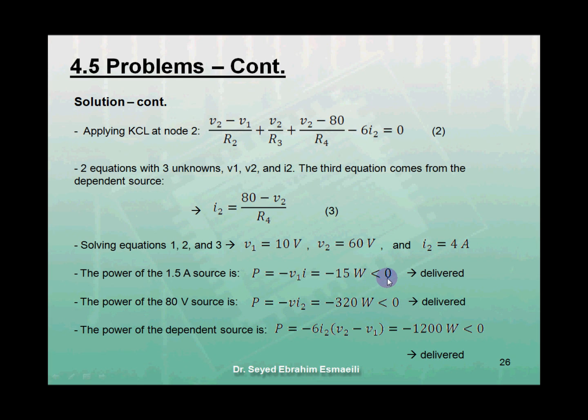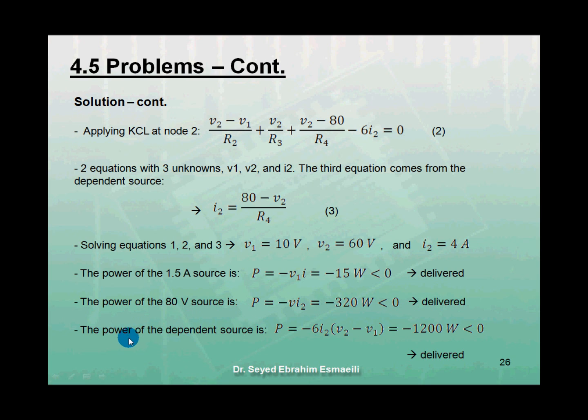Since the power is negative, it is delivered. The power of the 80 volt source is given by P equals minus V I2, equals minus 320 watts. Since it's less than 0, it's also being delivered.